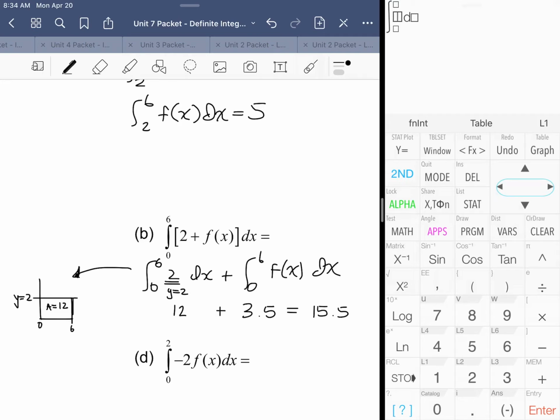If you don't have the updated software, then you can go to ticalc.org or send me a message, because there's no reason why you shouldn't have the most updated software. You just type in the function 2, the bounds, and we get it.